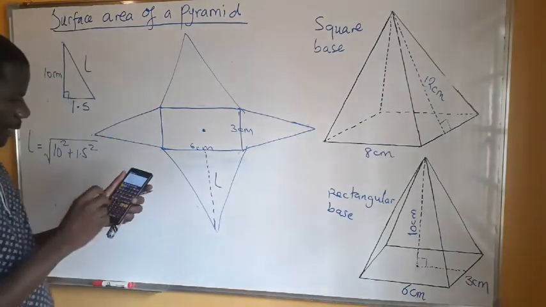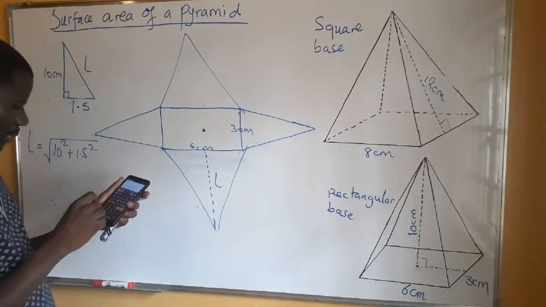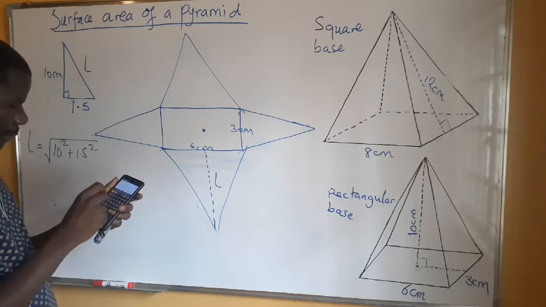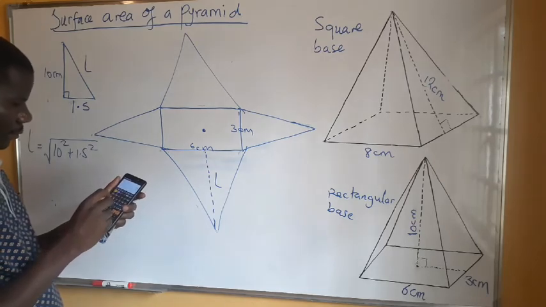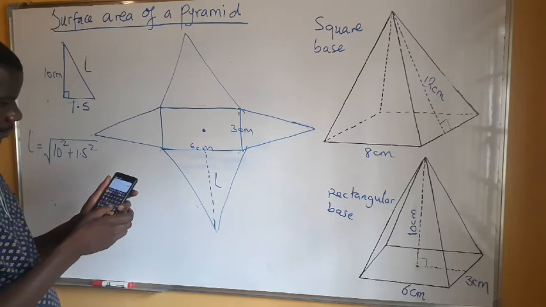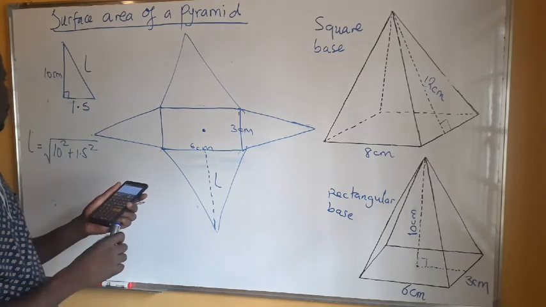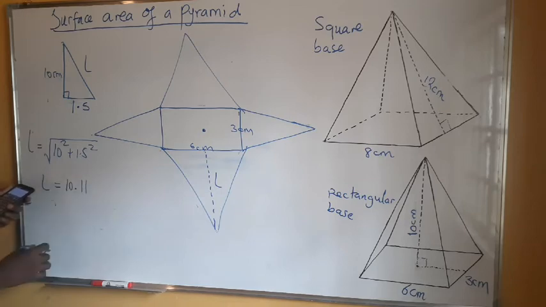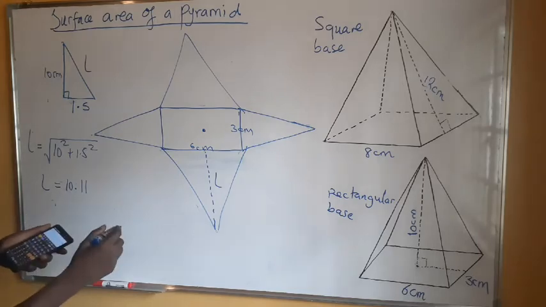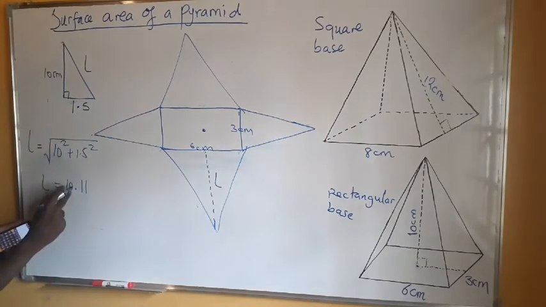So we can work this out. The square of 10 plus the square of 1.5. For me, what I'm getting is 10.11.